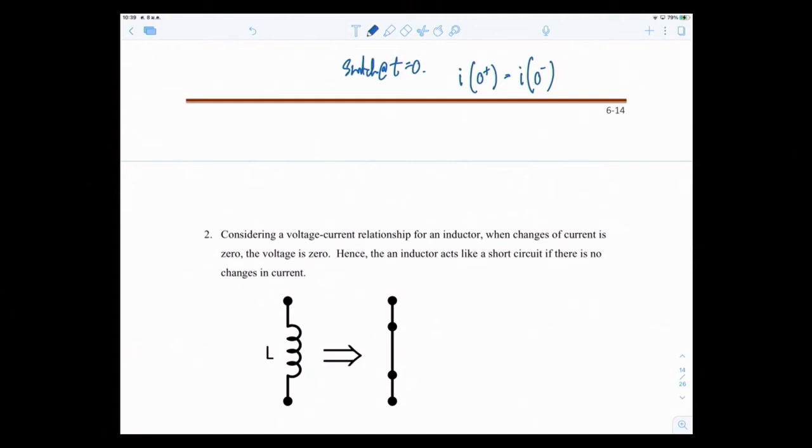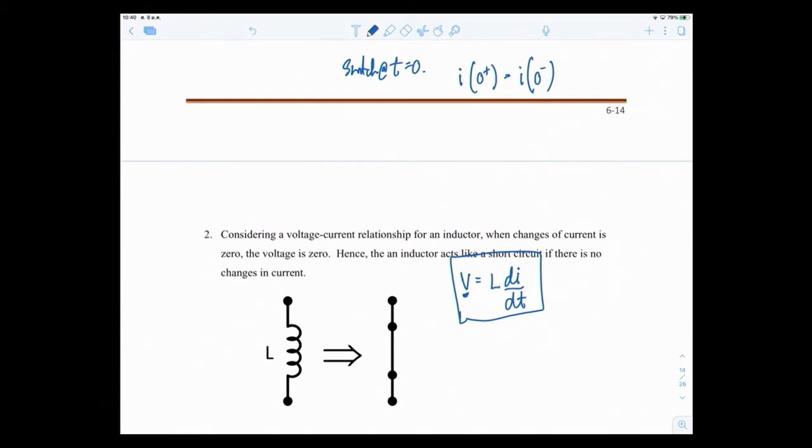Another rule: look at the formula V equals L di/dt. It indicates that you obtain voltage only when there is a change in the current.